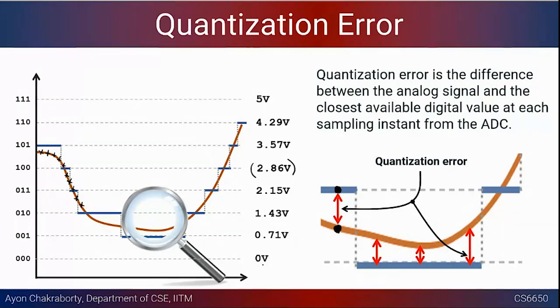So full scale is 0 volts to 5 volts, and within this how many partitions or codes we have. If you are using n bits, we have 2 to the power n, here 2 to the power 3, right? So these values are fixed for a given code. We have this mapped value, and the difference between this and the actual value gives you the quantization error.